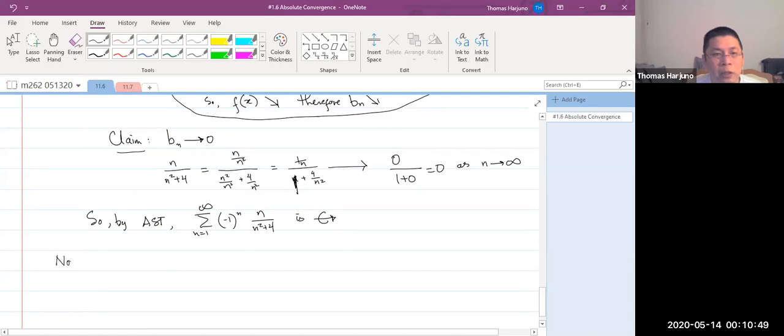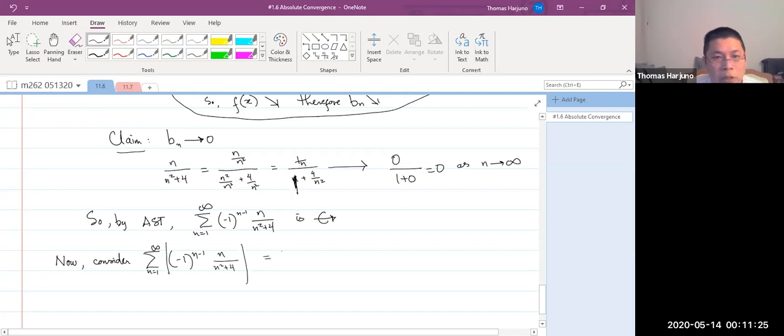Now consider the series of absolute values, which is the sum of (-1) to the n minus 1, put absolute sign.